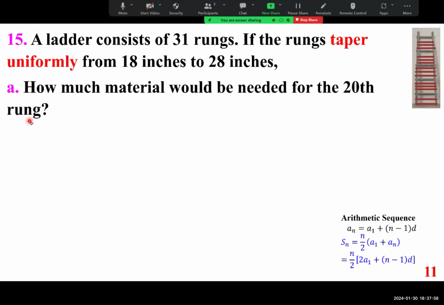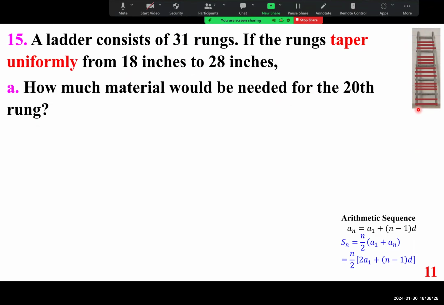Now this is not to scale, but we have 31 of those. When it comes to a ladder, the size changes. So if the top one is the smallest one, at 18, the bottom one is the largest one, at 28.